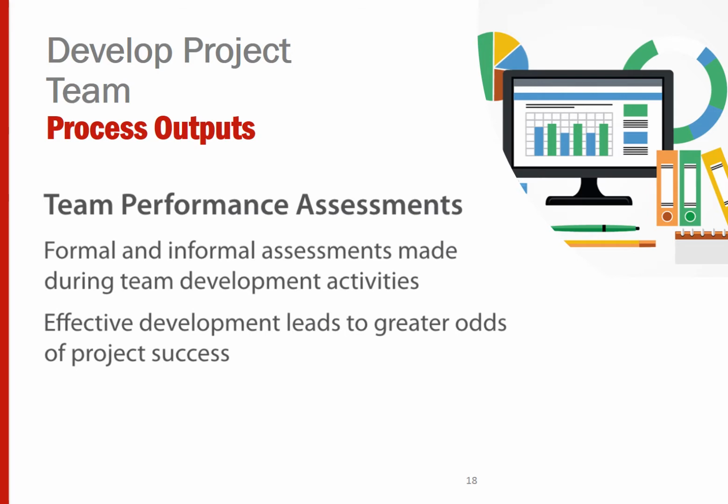Formal and informal assessments are made during team development activities. Effective development leads to greater odds of project success. So it's important that you establish the right performance mechanisms and a framework to ensure that the team performance is assessed effectively.